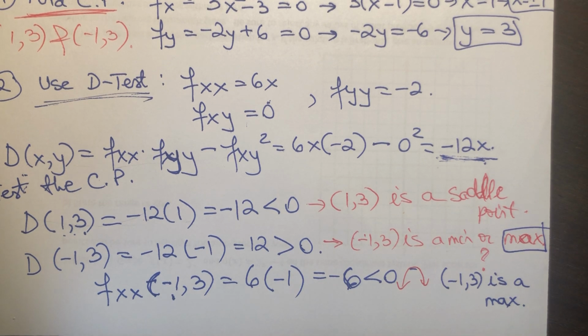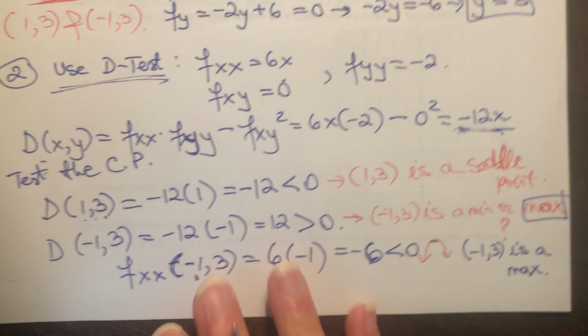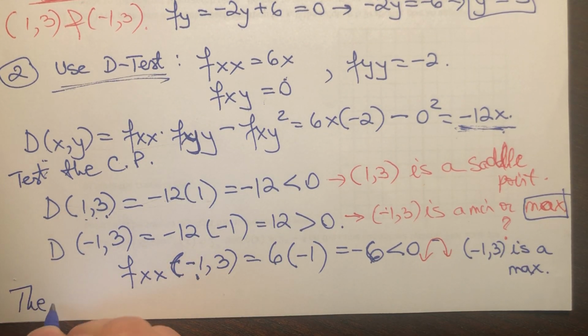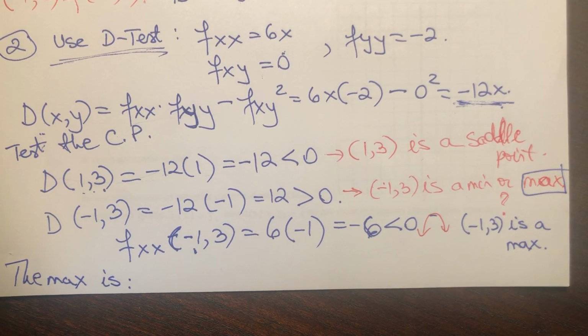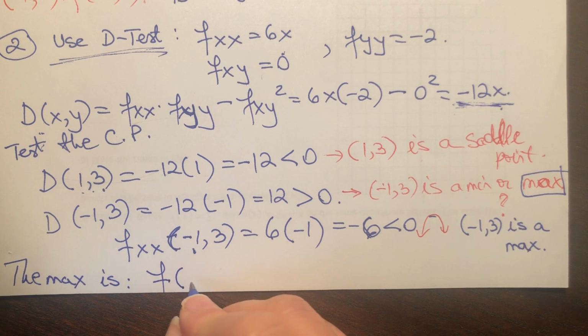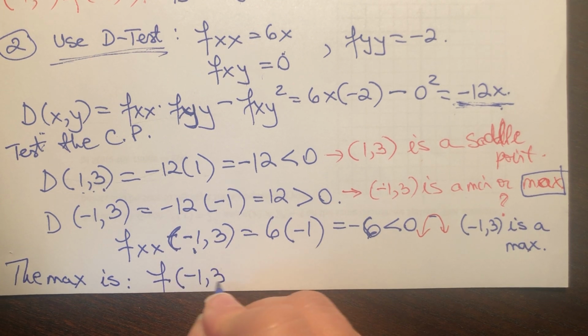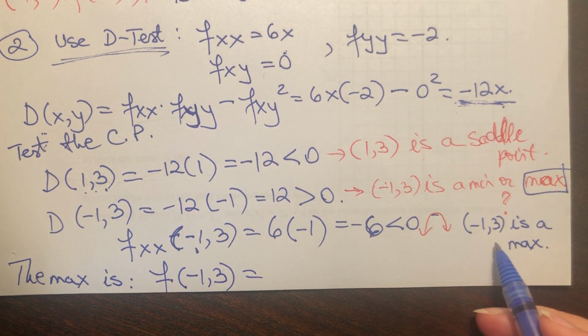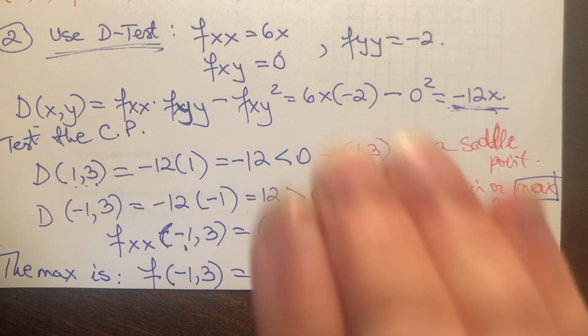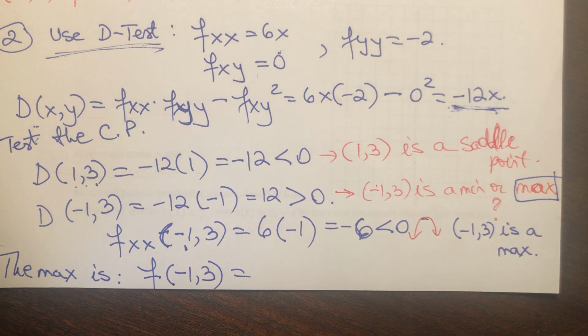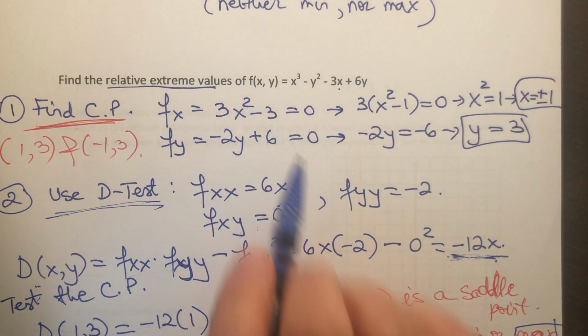What is that maximum value? So let me write that down. The maximum value this function is going to take is f of -1, 3. So I'm supposed to put in this input. So we know this input will lead us to a highest point on the graph. So what's the highest point on the graph?